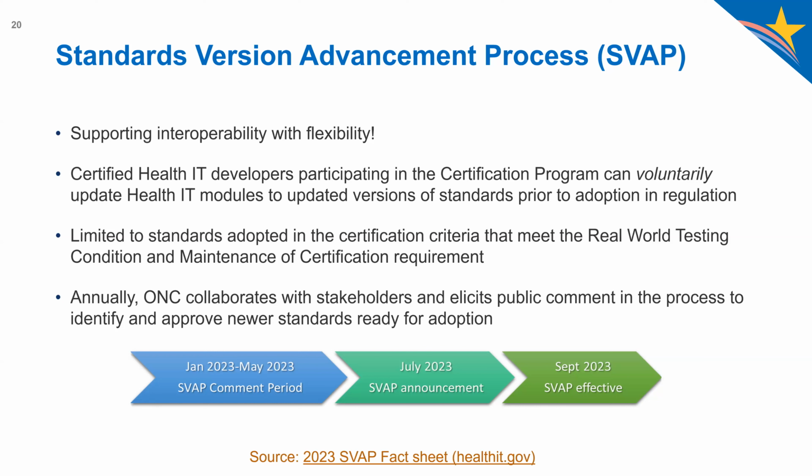There are some limitations. This is limited to standards that are adopted in the certification criteria that meet the real world testing condition and maintenance of certification requirement. Each year, ONC collaborates with stakeholders and elicits public comment to identify and approve newer standards that are ready for adoption. At the bottom is a little picture that shows the general process.